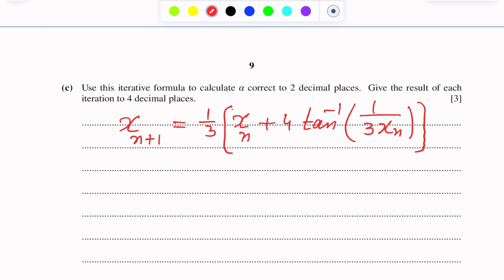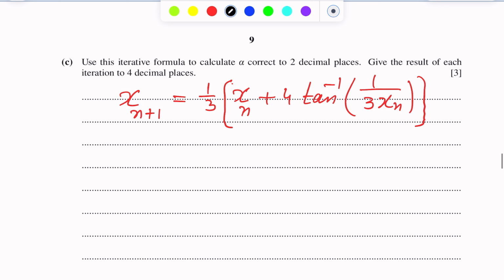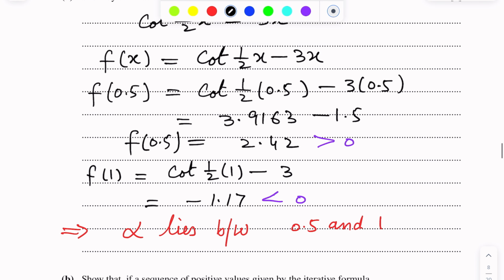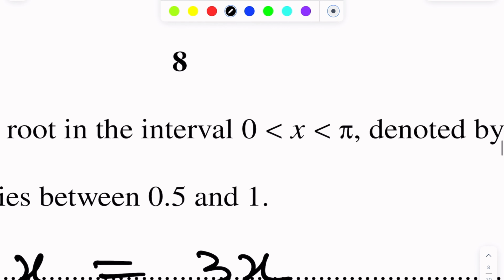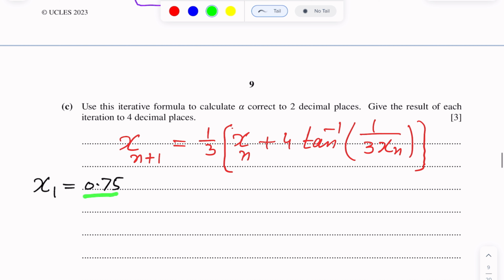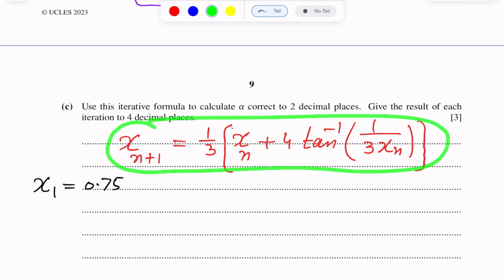So we are taking the starting value as 0.5 plus 1 over 2, so we get 0.75. The first iteration is represented by x1, we are taking it 0.75, clearly it lies between 0.5 and 1. So we are taking this x1 as the starting iteration. Now we will find x2 from the iterative formula.